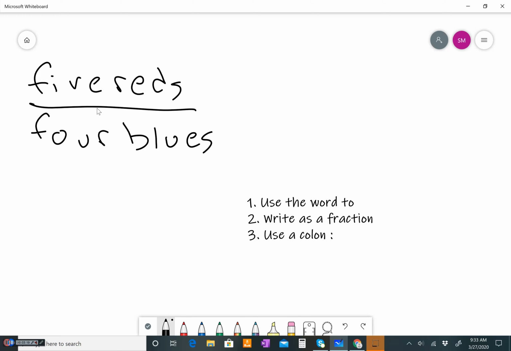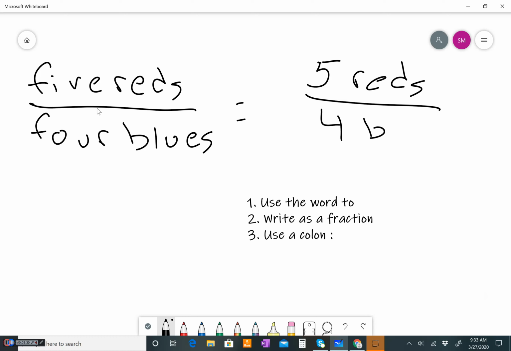Okay. But you could have also written it with numbers, 5 reds to 4 blues. That would have been correct as well. I would have accepted that. But it's still meaning a ratio.